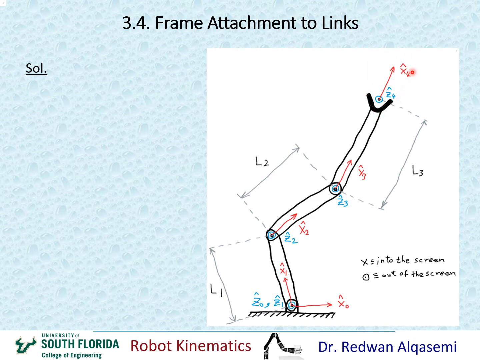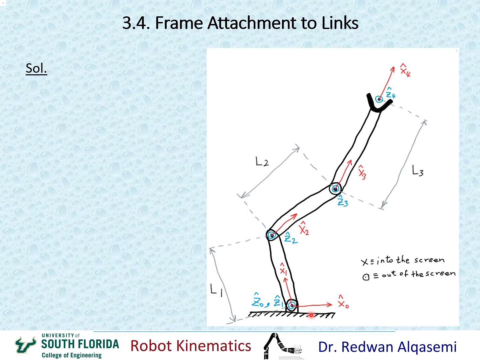Now I'm done with my z-axis and x-axis. I'm ready to go ahead and assign the y-axis using the right-hand rule. I'm going to start with y0. My z0 here is coming out of the screen, so I'm going to put my thumb out of the screen, the same direction as z0, and my 4 fingers would be going towards x0, and then I move my 4 fingers by 90 degrees, and that would mark the direction for y0.